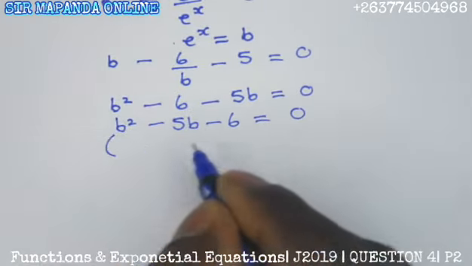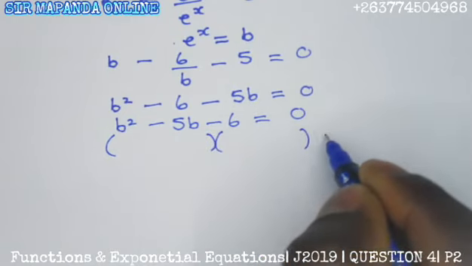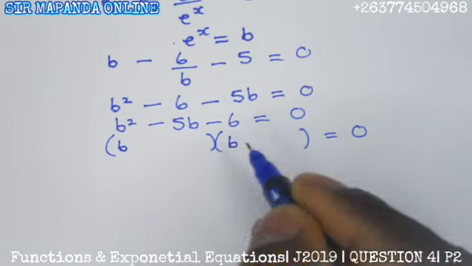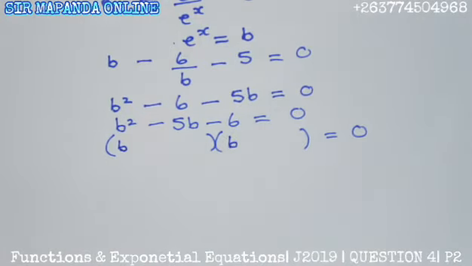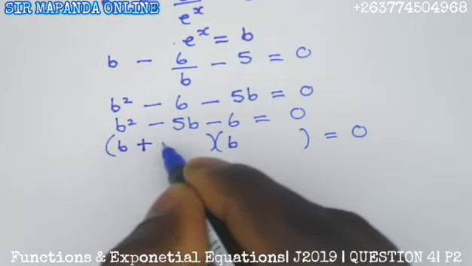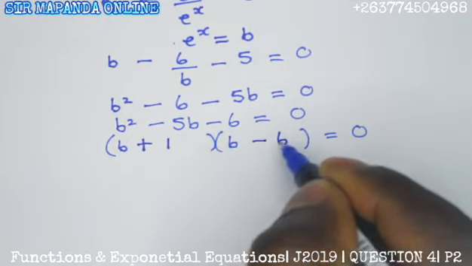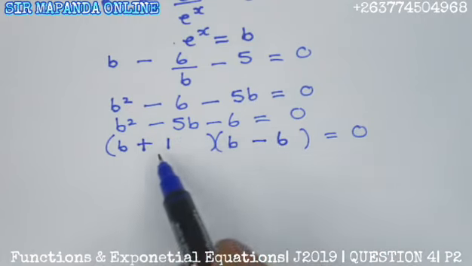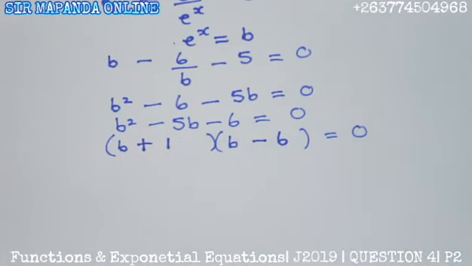If we factorize, we are going to get 2 brackets. You put b here, then you put b here. Find the two numbers which give a sum of minus 5 and a product of minus 6. We have plus 1 and minus 6. 1 minus 6, you get minus 5. 1 times minus 6, you get minus 6.